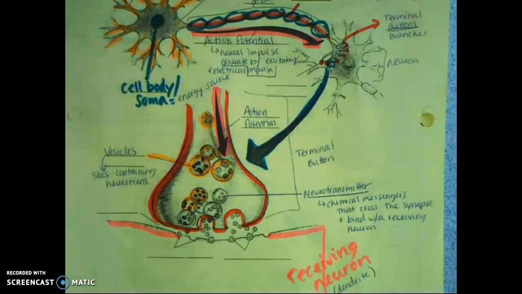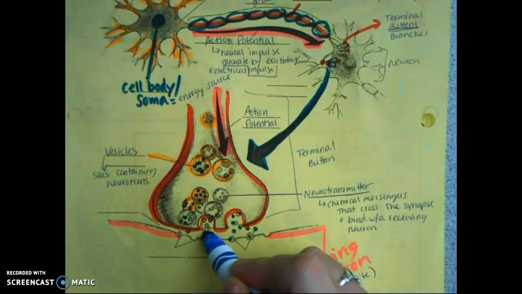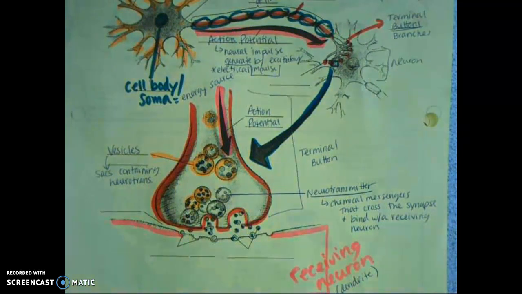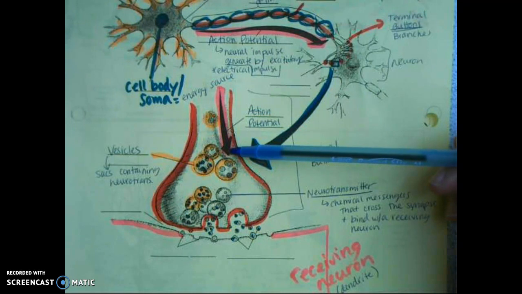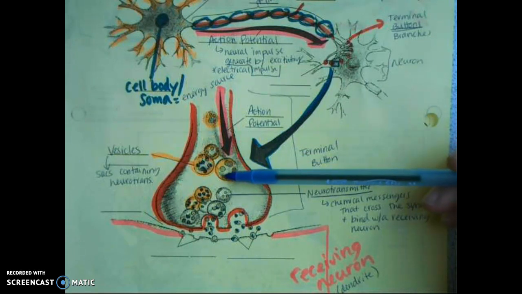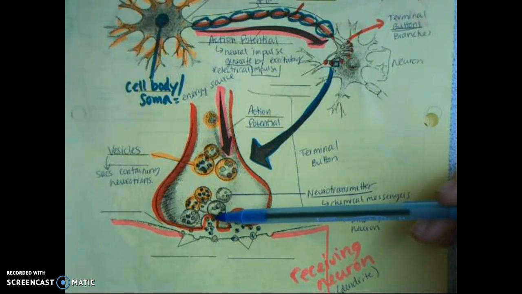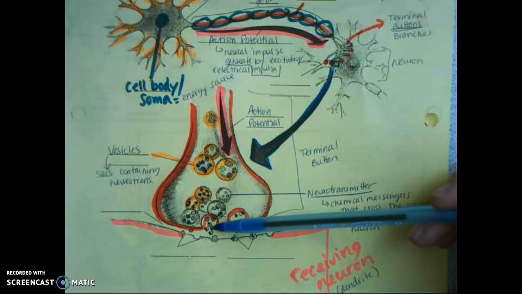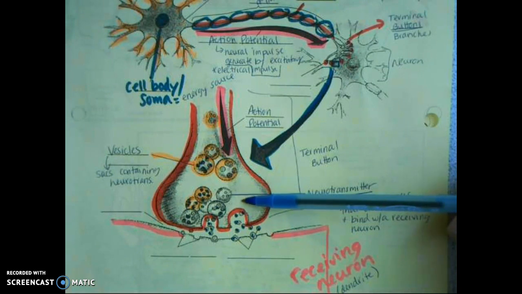And so these neurotransmitters that we had in blue, these are all neurotransmitters. When the action potential comes down into the terminal button, it activates the vesicles, which in turn activate the neurotransmitters, and those vesicles start moving down towards the end of the terminal button. And what's going to happen is that those vesicles will then open and release neurotransmitters into the gap between the receiving neuron and the terminal button of the sending neuron.